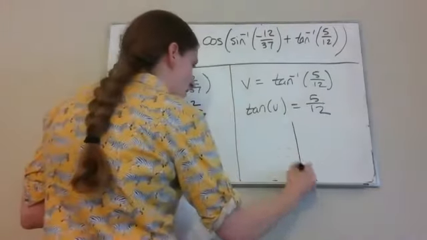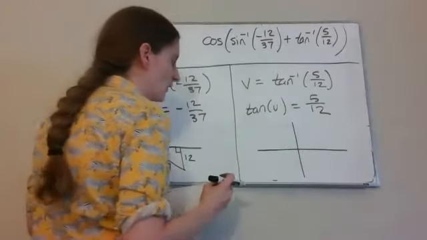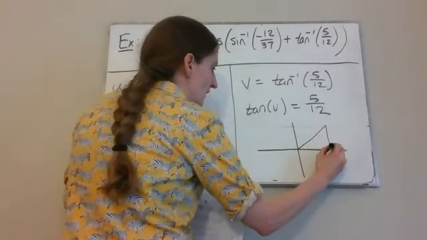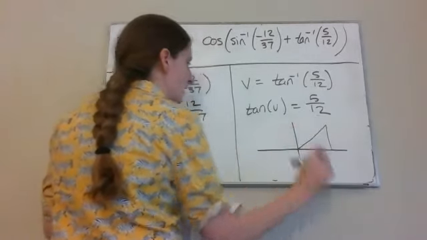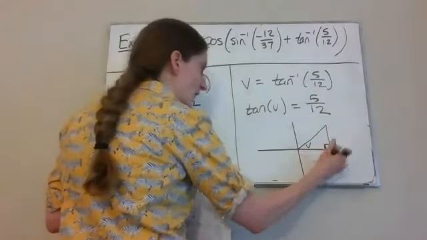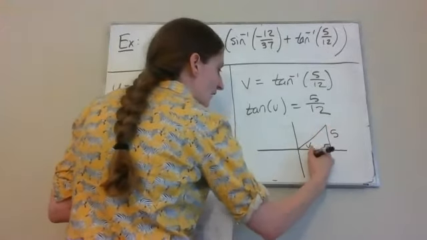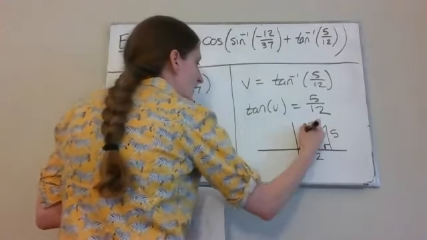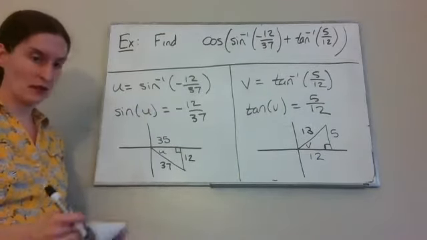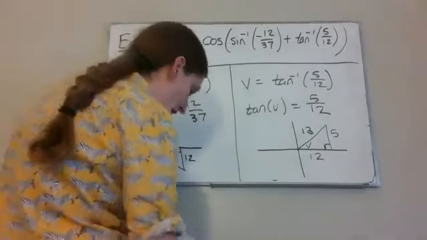For the tangent, I have my tangent is positive, and that tells me it's going to be in this first quadrant based on what's the acceptable range for my tangent inverse. So here's my v. Tangent is opposite over adjacent. So I have 5 and 12. My hypotenuse ends up being 13, again using the Pythagorean Theorem. And now we have all the information that we need.